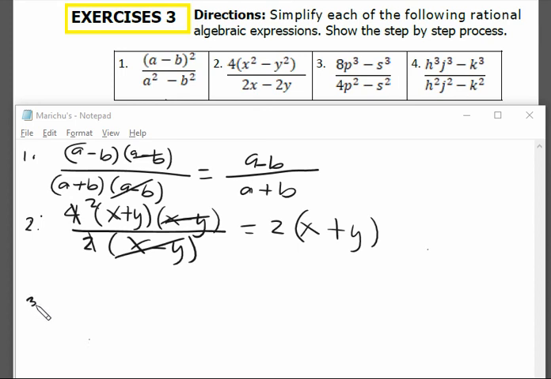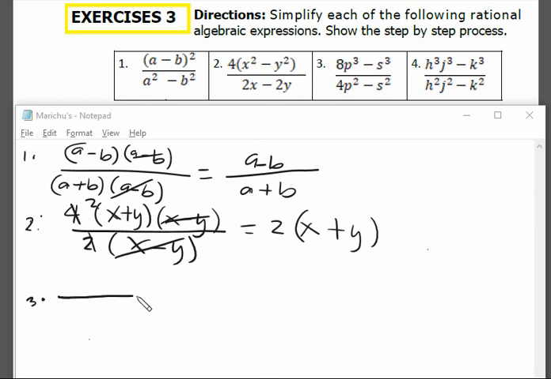For number 3, we have 8p cubed minus s cubed all over 4p squared minus s squared. Now let's rewrite this in such a way that we can apply the special product on the difference of two perfect cubes in the numerator and the difference of two perfect squares in the denominator.